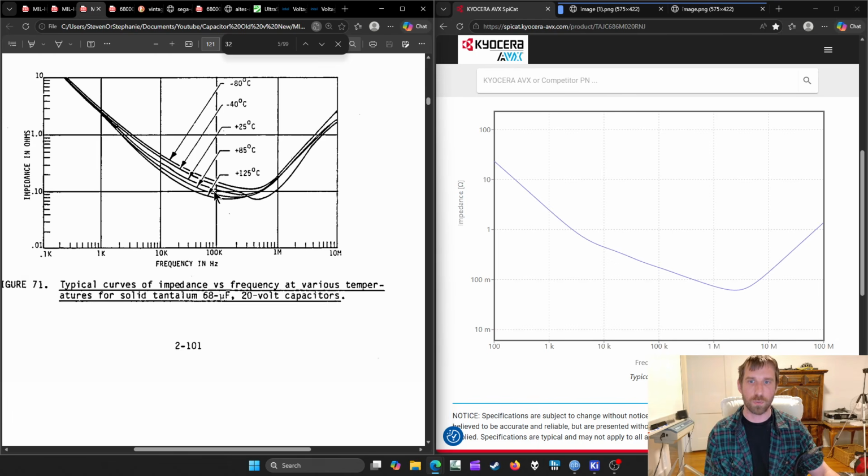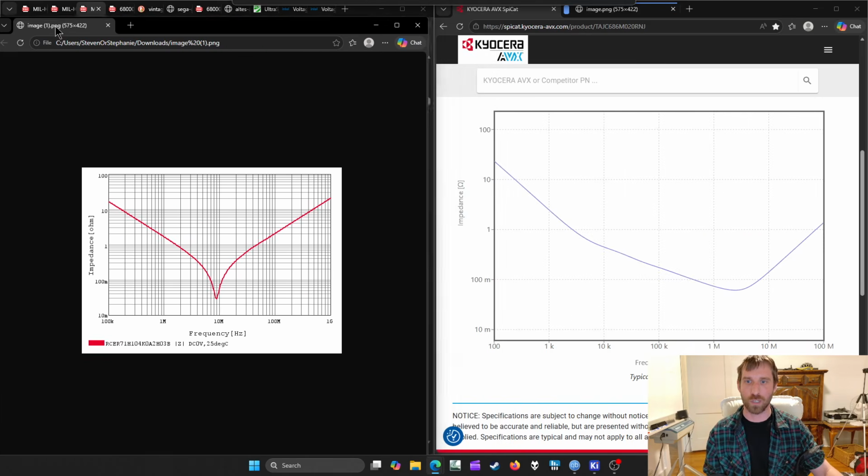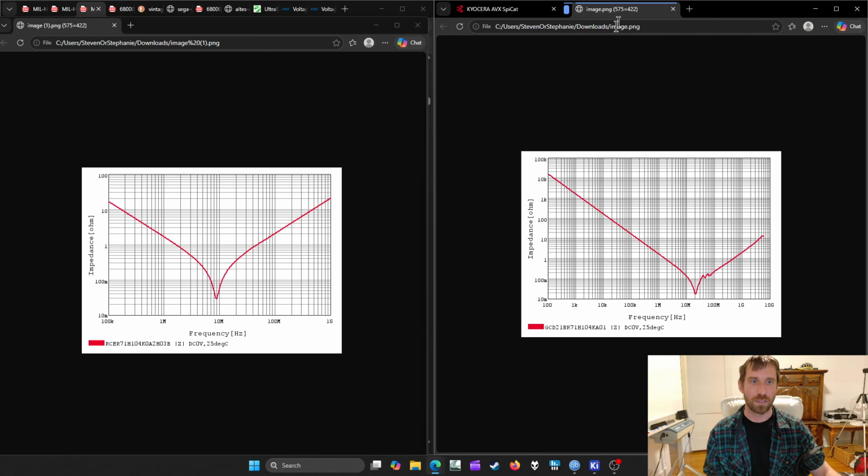Another thing I do want to show you is that for ceramics in here, they didn't show an impedance chart. That's kind of wild to me. So I looked up two that are currently shipping. This one is through hole. This would have been more like what you'd get back in the day. And then just surface mount. It's almost the same thing.